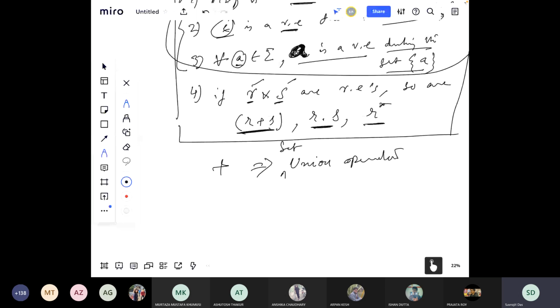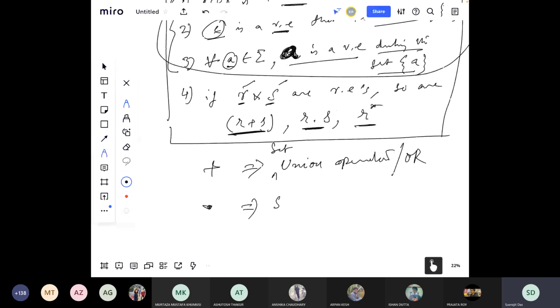So here plus is the or operator, right? What is dot? It's the string concatenation operation. And what is star? It is the Kleene closure operation.